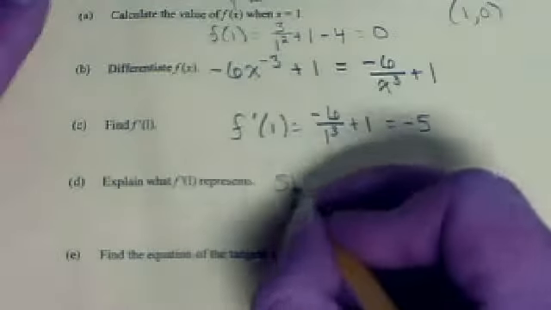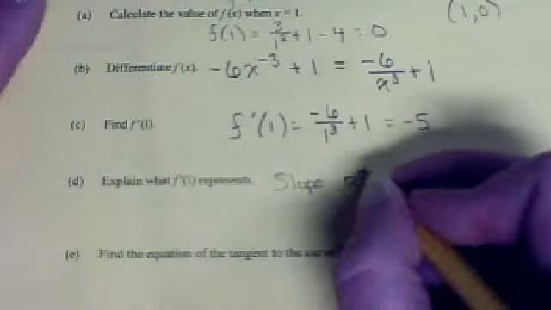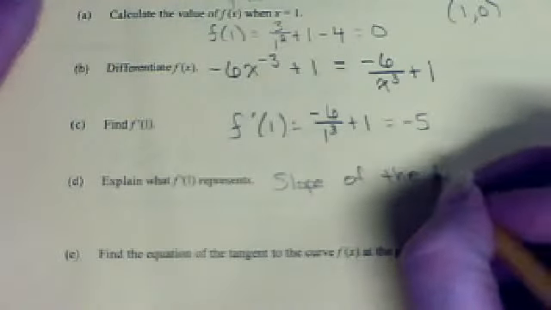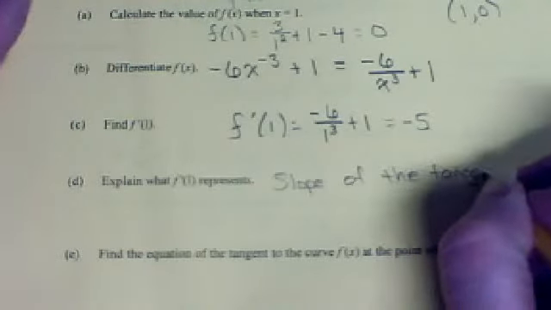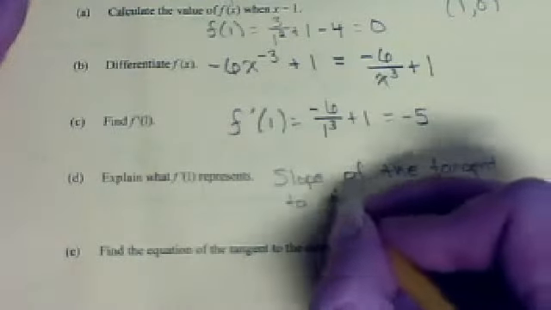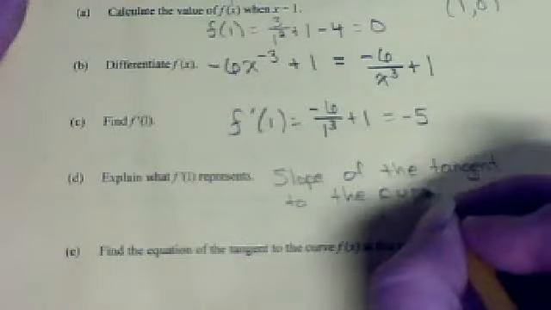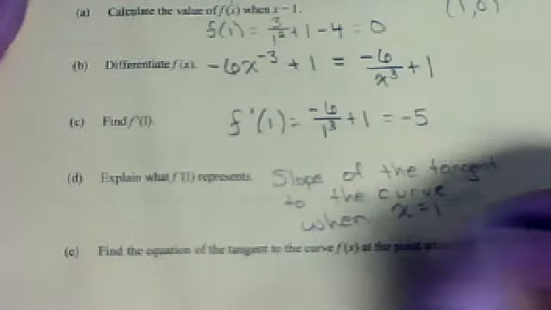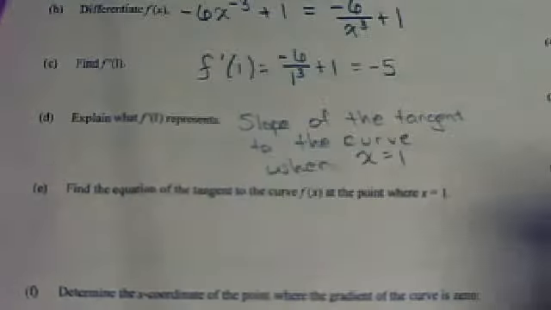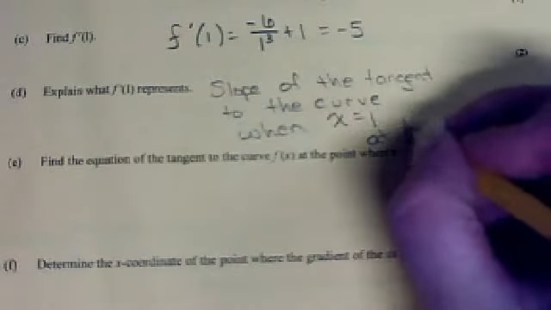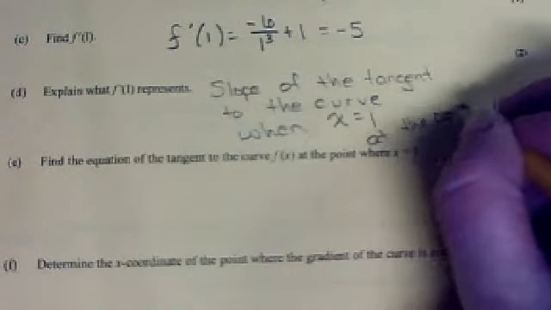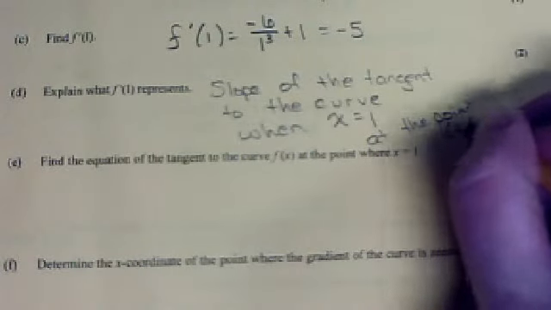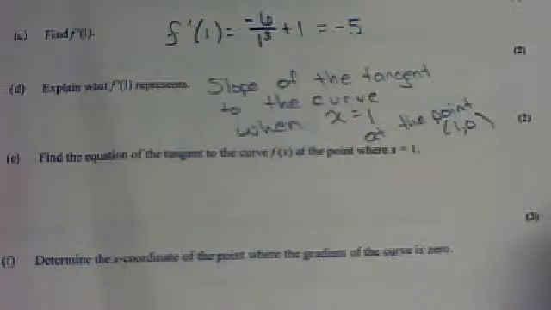That is the slope of the tangent to the curve when x is 1. Or we could say at the point 1, 0. Because we actually know the coordinates of that point.